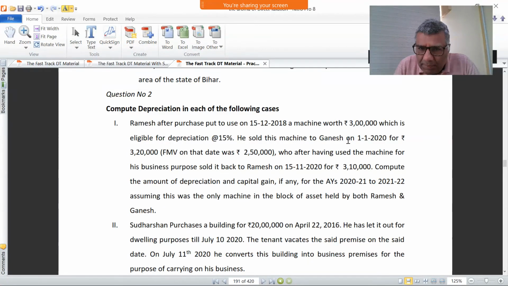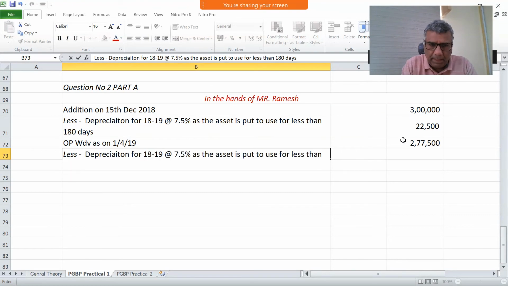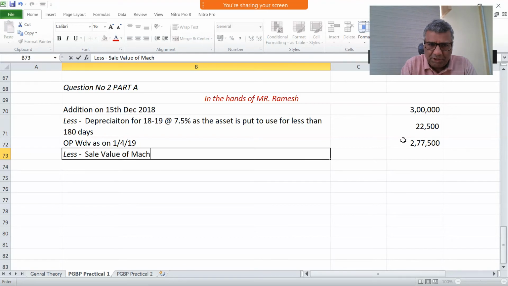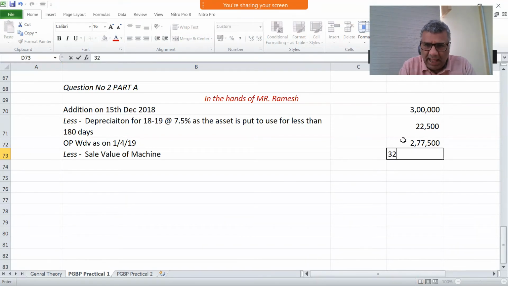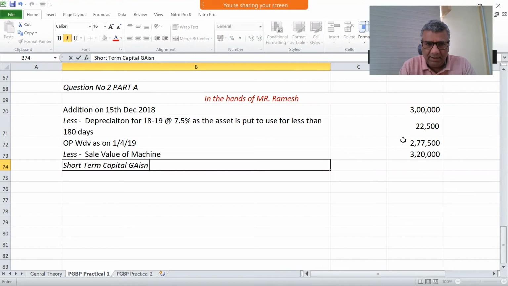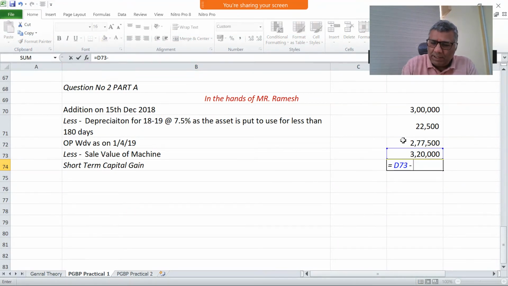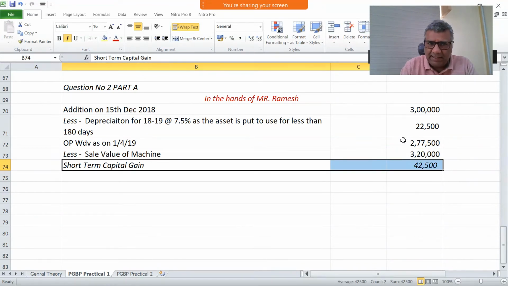He sold the machine to Ganesh on 1/1/20 for 3,20,000. Less sale value of machine, 3,20,000. If a depreciable asset is sold and the block is no more there, the result is short-term capital gain, which we will see in capital gains.